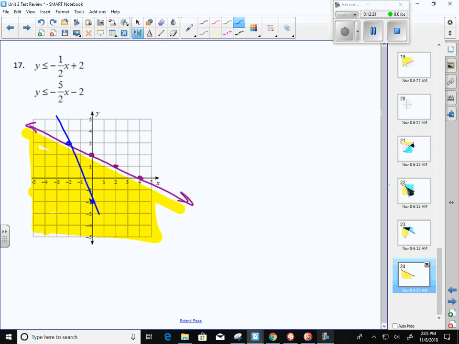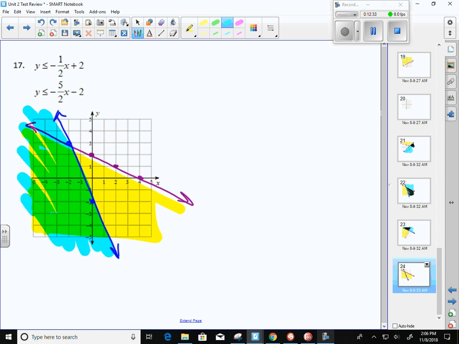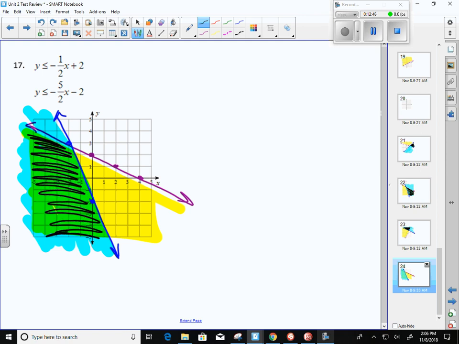Solid line. Shading on that is less than as well, so that's this side. You can see where it's turning green, again, is the solution zone, or the region of solution. So I would darken that as my solution area.